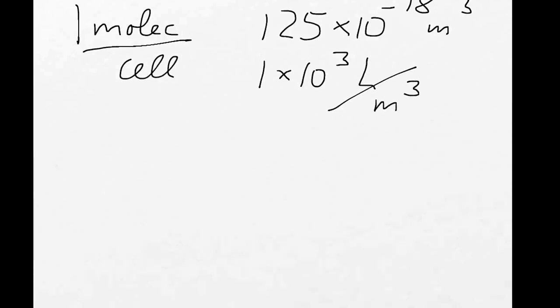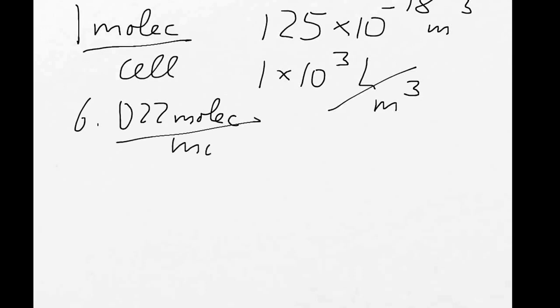And, of course, we have 6.022 times 10 to the 23 molecules per mole. Right? That's the Avogadro number. And now we want to calculate what is our concentration of this 1 molecule of DNA.